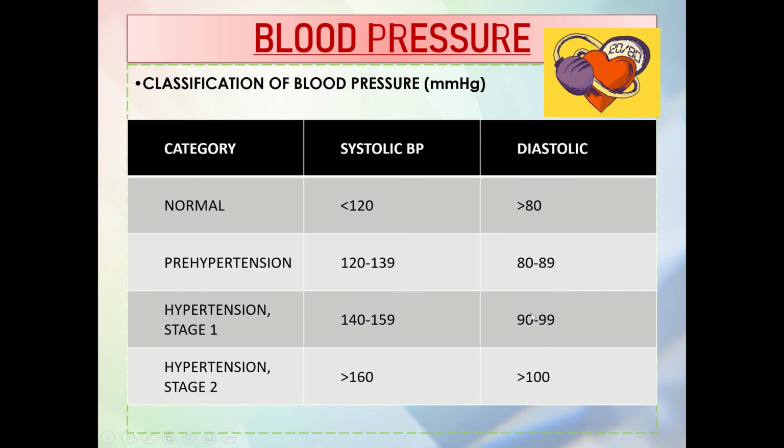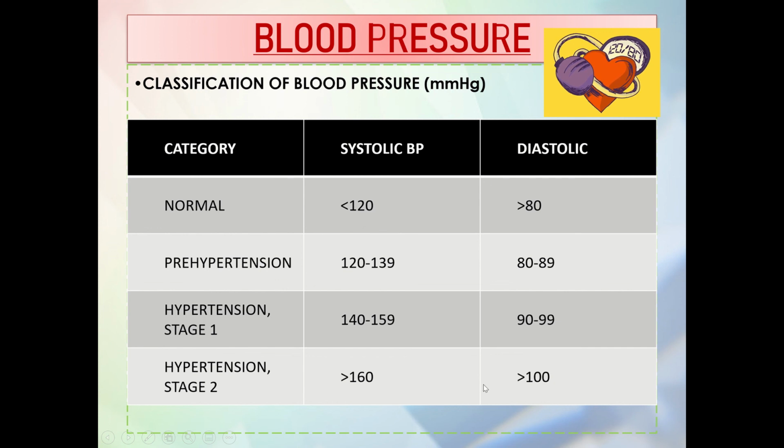And then, you can see it is getting higher. The increase in blood pressure is significant as we go to the higher stage. And then hypertension stage 2, the systolic blood pressure is more than 160 millimeters of mercury and the diastolic is more than 100. So for example, his blood pressure is 165 over 110.